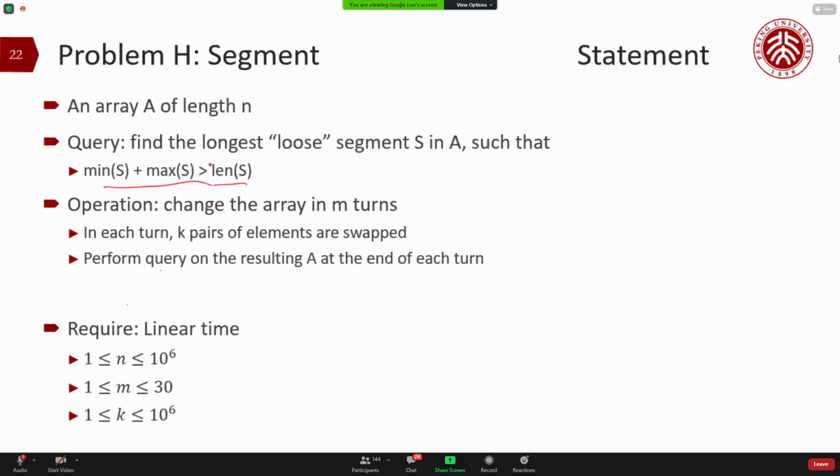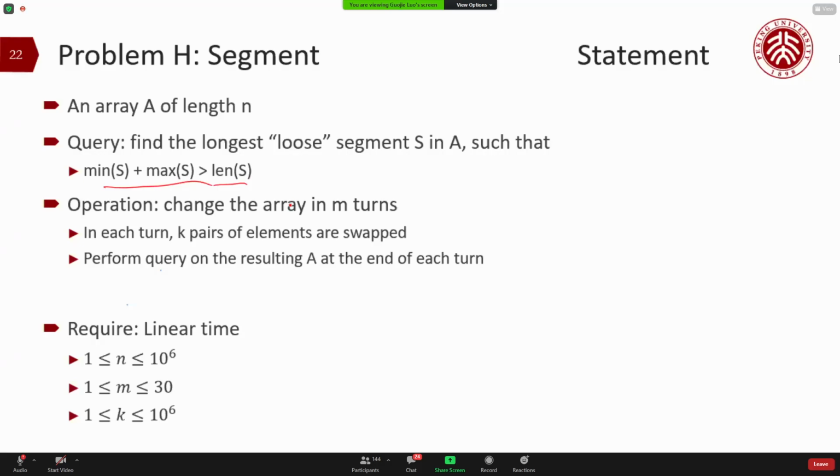And then we may have multiple operations on this array. So we change the array in m turns, and in each turn we perform k pairs of element swaps. And then after these k pairs of swaps, we perform a query on the resultant A to find out the length of the longest loose segment.